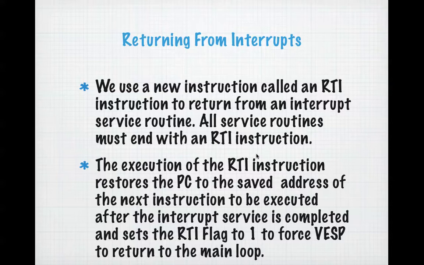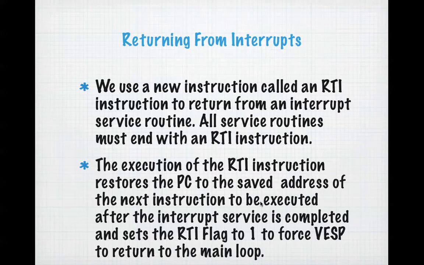And so you can say that the execution of the RTI instruction restores the PC to the saved address of the next instruction to be executed after the interrupt service is completed, and then sets the RTI flag to 1 to force VESP to return to the main loop. In other words, to exit out of the interrupt service routine loop, which it had been executing all along until it encounters that RTI instruction.